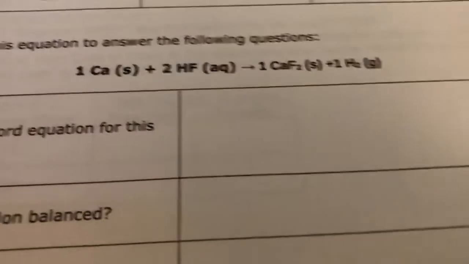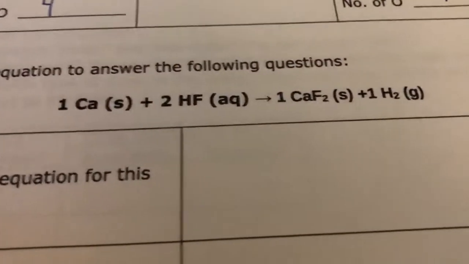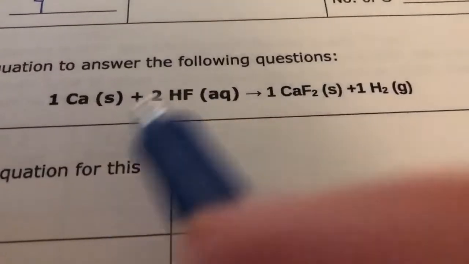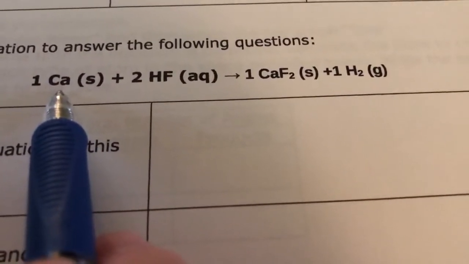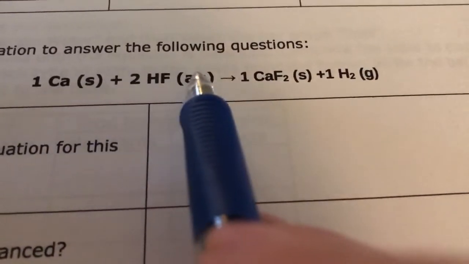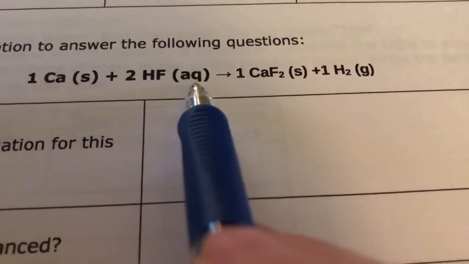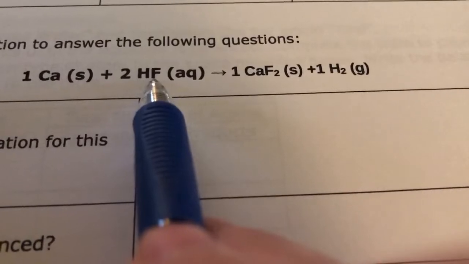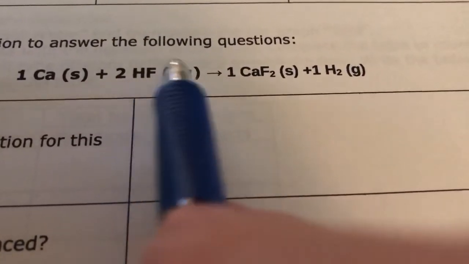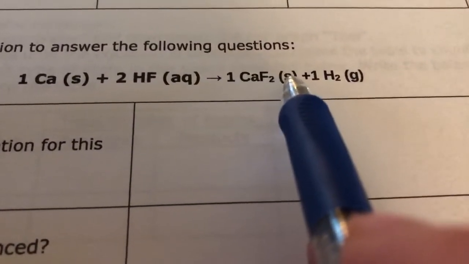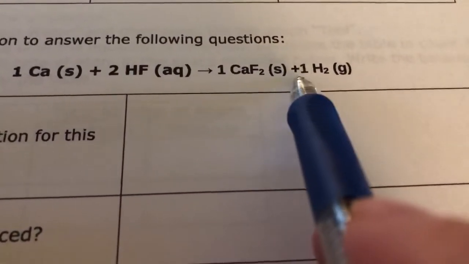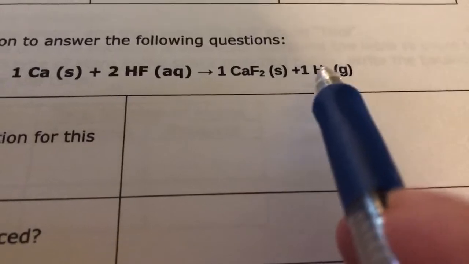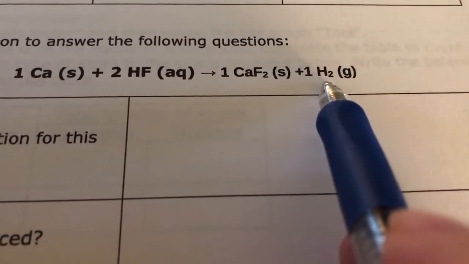Now, I'm not going to ask you to write a word equation for this reaction, but if you did, you would say you had 1 atom of solid calcium and 2 molecules of aqueous hydrogen fluoride yields 1 unit of solid calcium fluoride and 1 molecule of hydrogen gas.